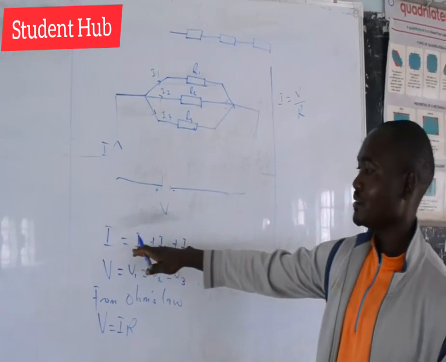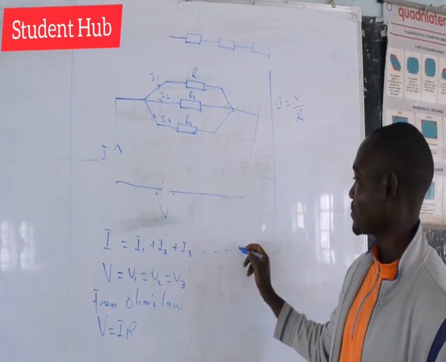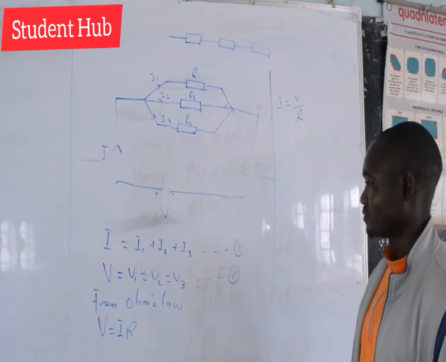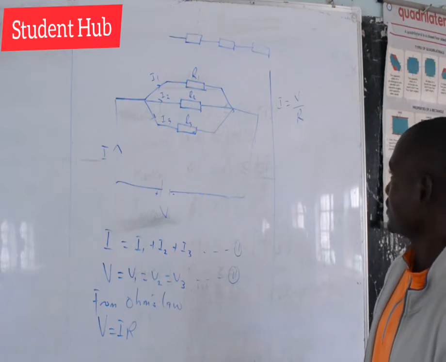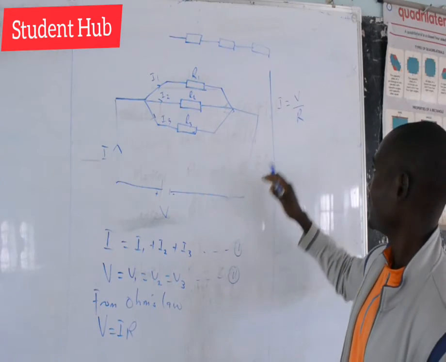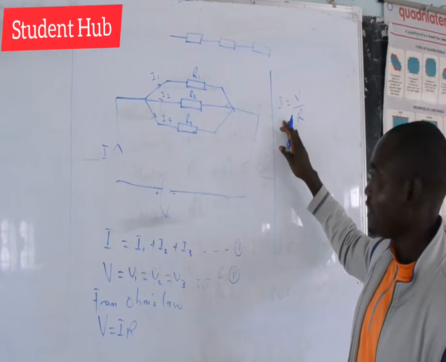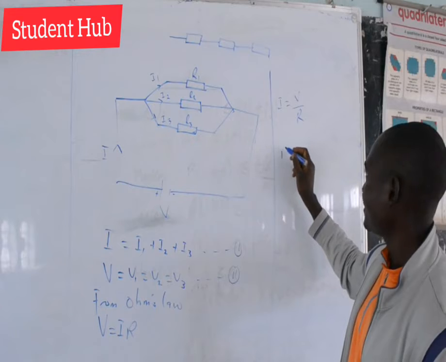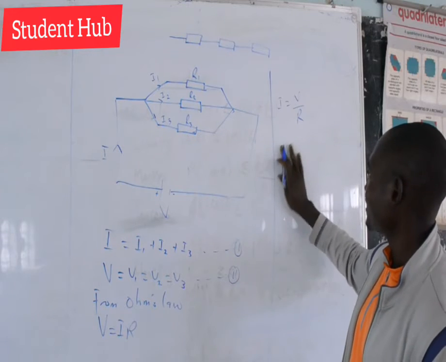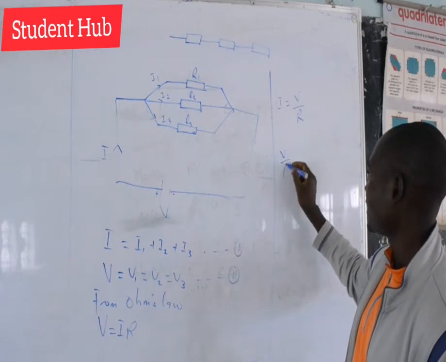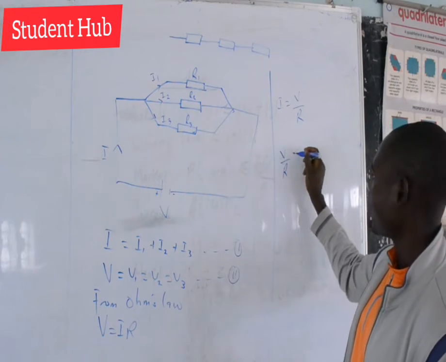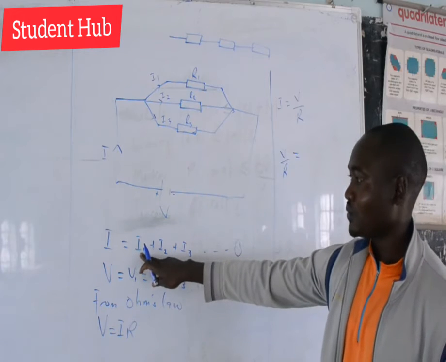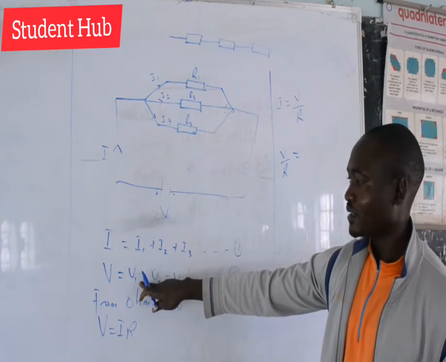Let me call this one equation 1. Let me call this one equation 2. Substituting the value of I in equation 1, we have I, which is V over R, now equal to, for the next one, I1, and we say that voltages are the same all through.